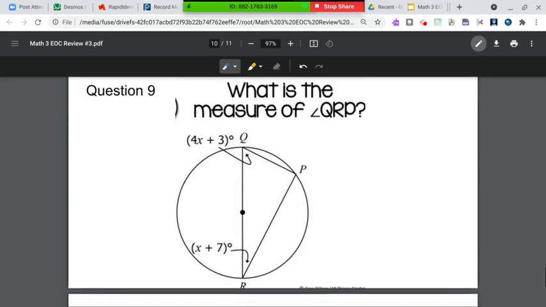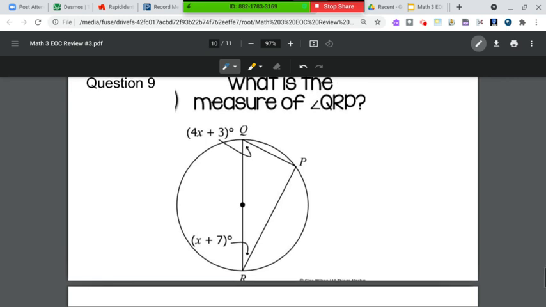Number 9 has a triangle QRP inscribed within a circle. When you have a triangle inscribed in a circle, and one of the sides of the triangle is directly across the diameter, what do we know automatically about angle P?